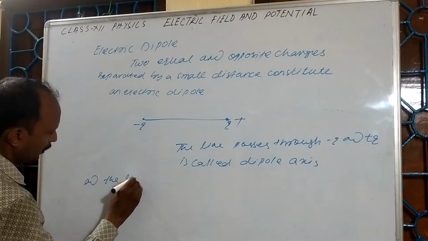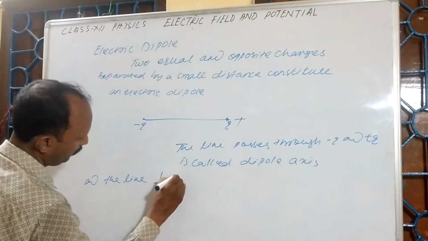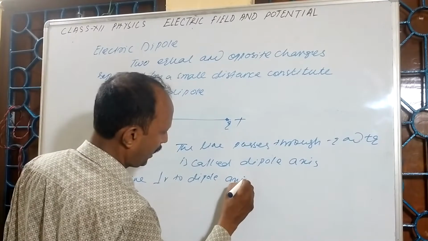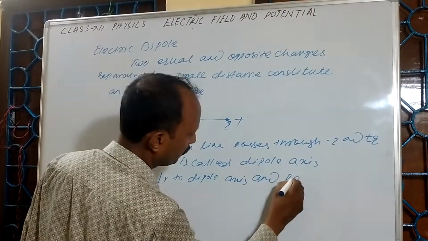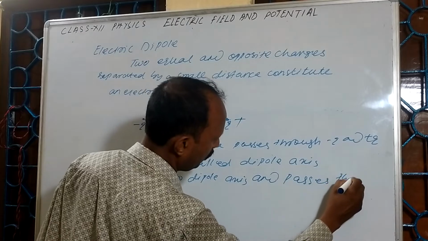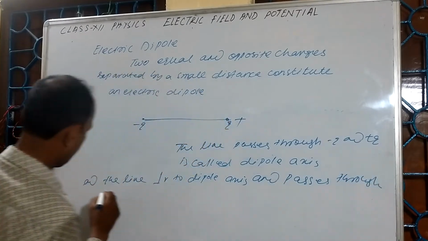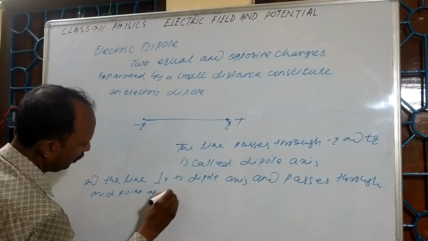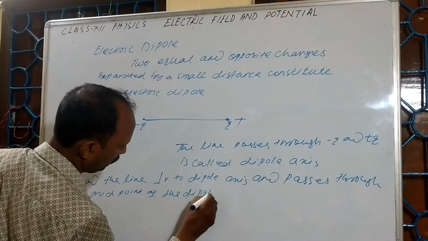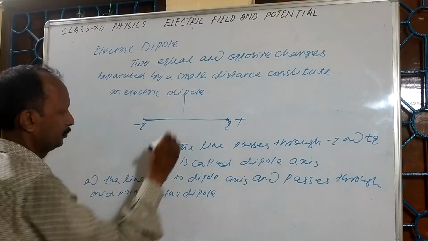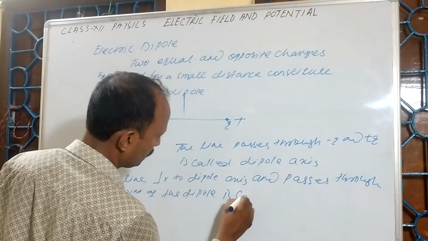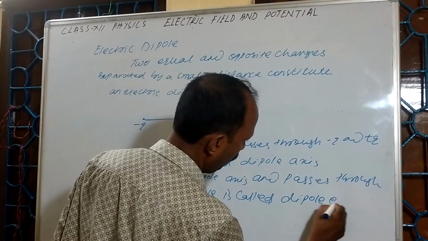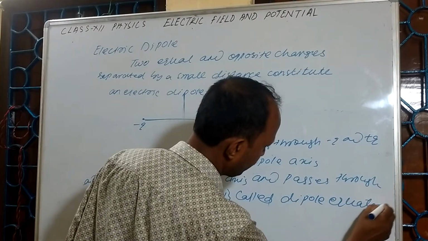The line perpendicular to the dipole axis and passing through the midpoint of the dipole, this one, is called the dipole equator.